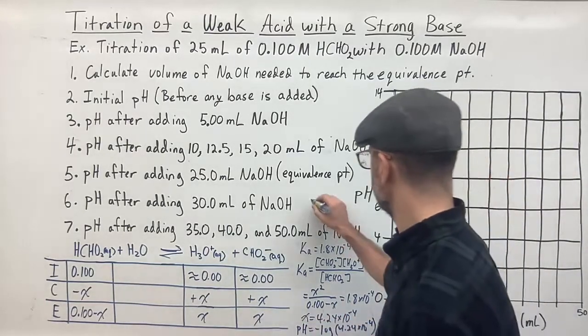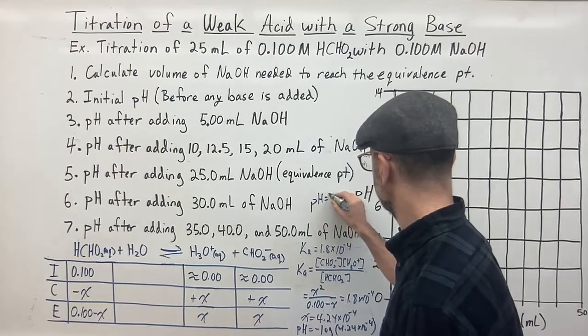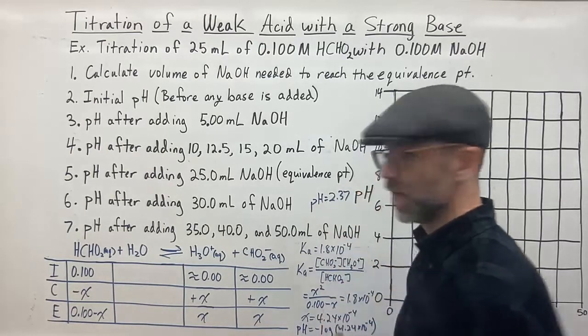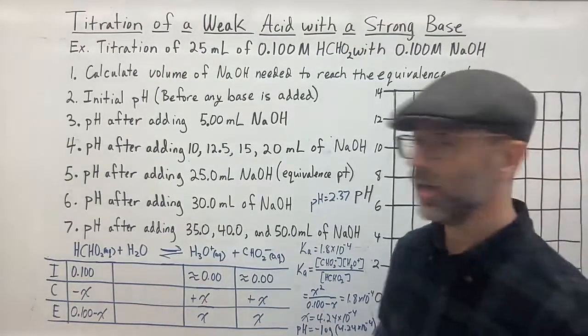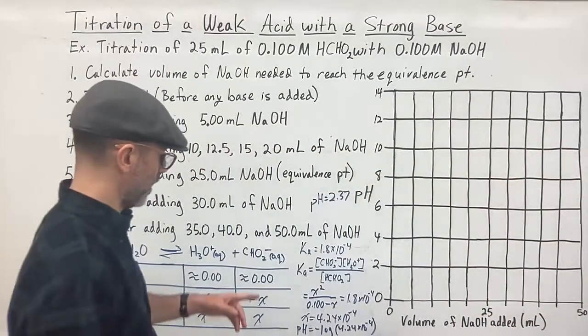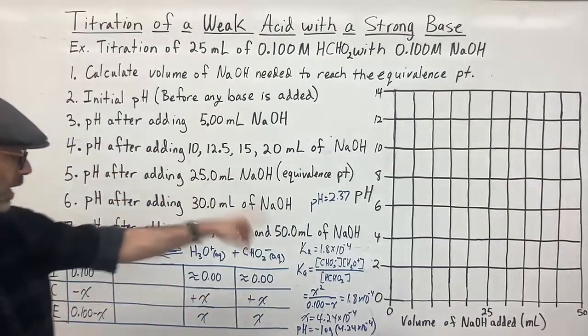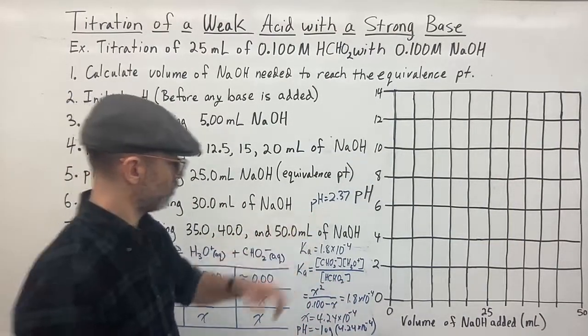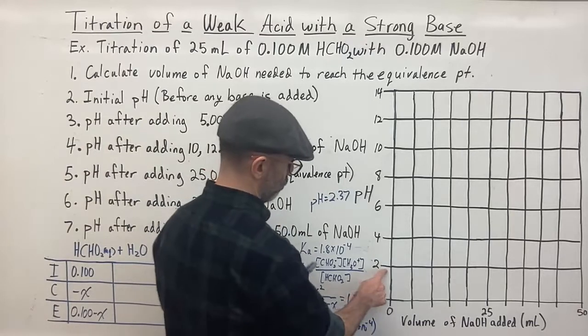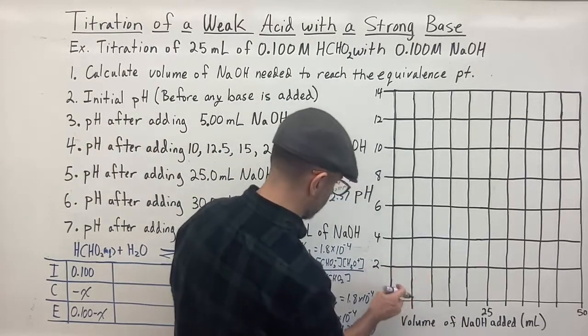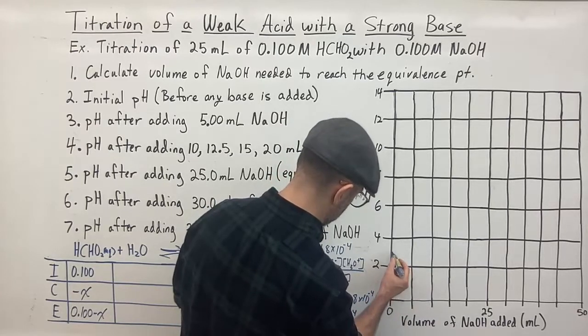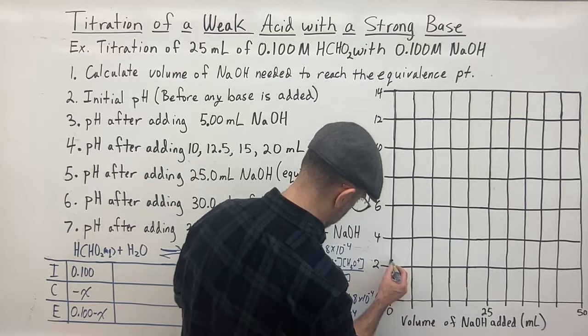So the pH is equal to 2.37 to begin with. So that I can mark on my graph here. 2.37. So here I have 2, so 2.37 is at 0 is going to be, let's see, that's 3. 2.37 might be around there.